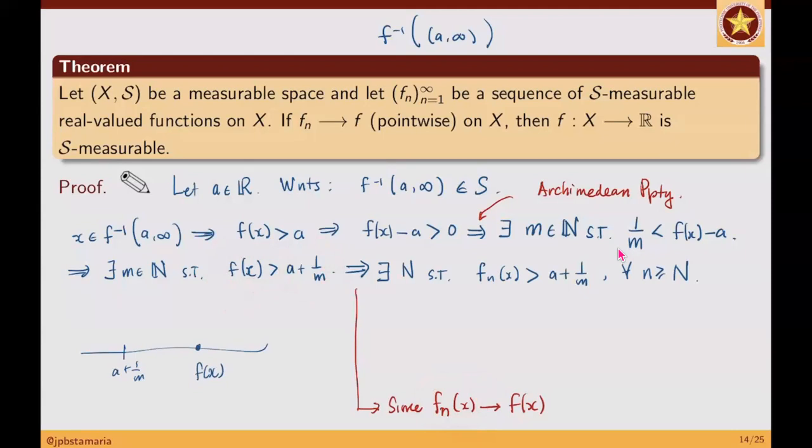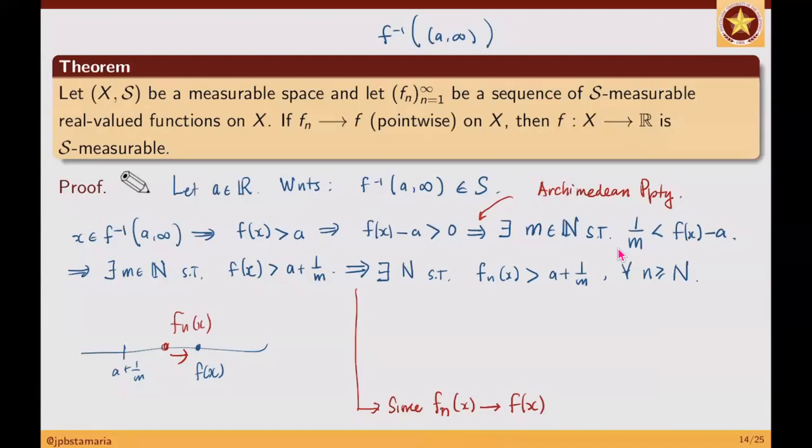If you really converge to f of x, eventually, hindi ko sinasabing for all n, no? Eventually, yung fn of x mo, mas malaki na sa a plus 1 over n kasi lumalapit ka doon sa f of x. Did you understand me? Di ba?